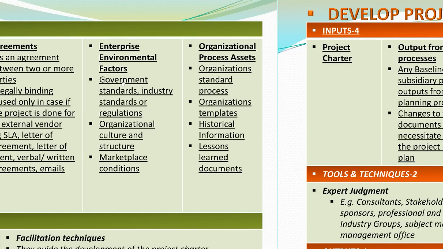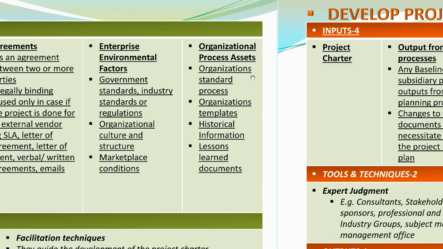Now, the main difference between these two is that enterprise environmental factors are standards, something that cannot be changed, something that we have to live with as project managers. But on the other hand, organizational process assets is something that gets updated while we are working on the project. It is always updating. It is a work in progress.